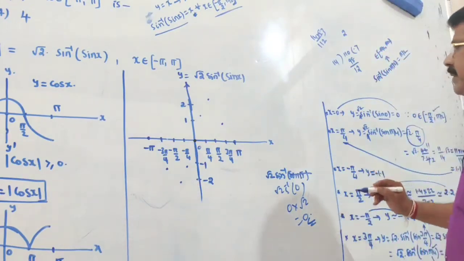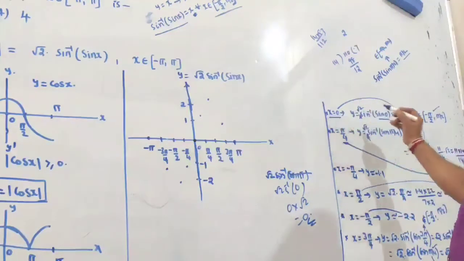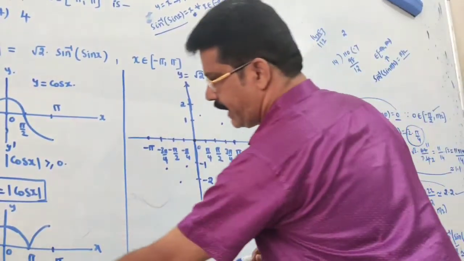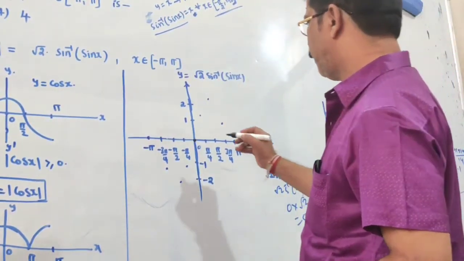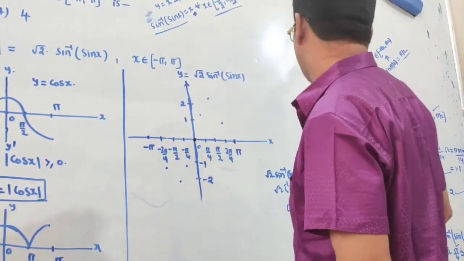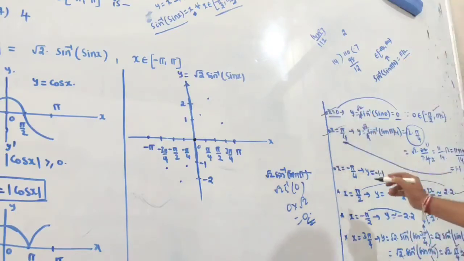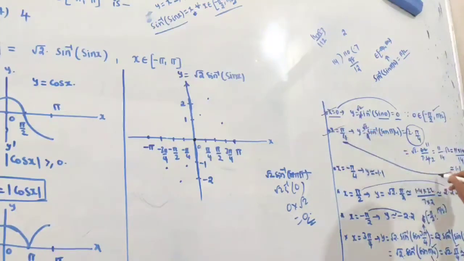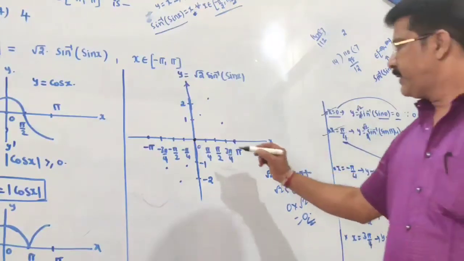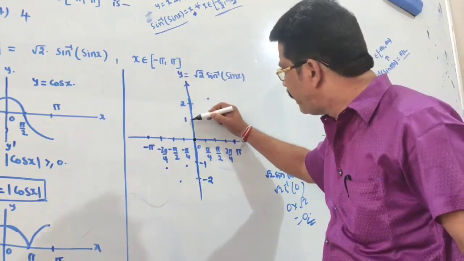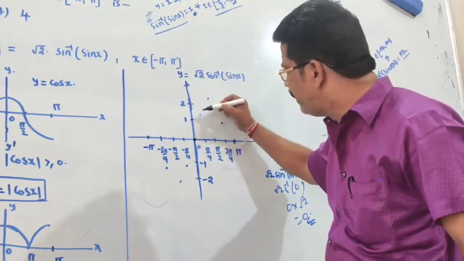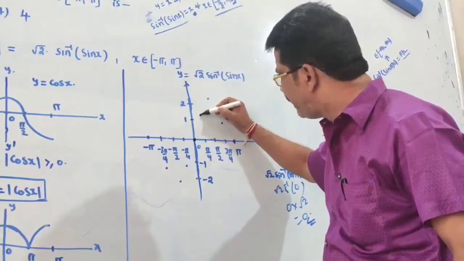Now we are plotting the points. X equal to 0, y equal to 0. Next, x equal to pi by 4, y equal to 1.1, which means 1 is up to here and 1.1 will be like that.